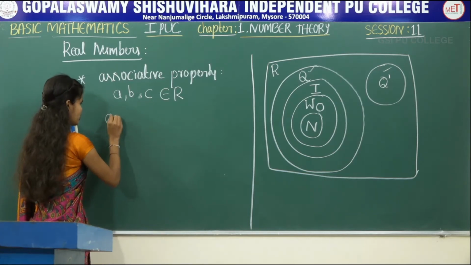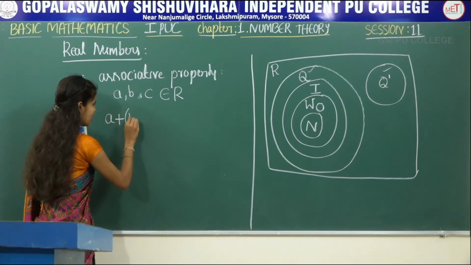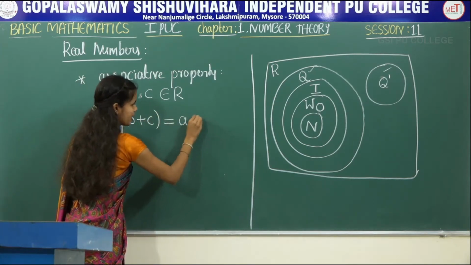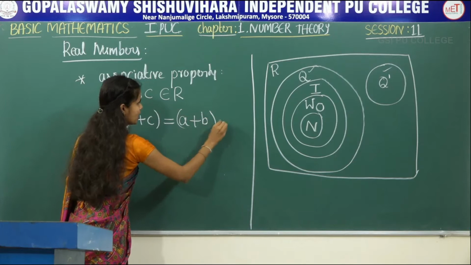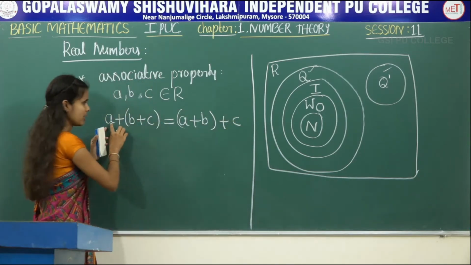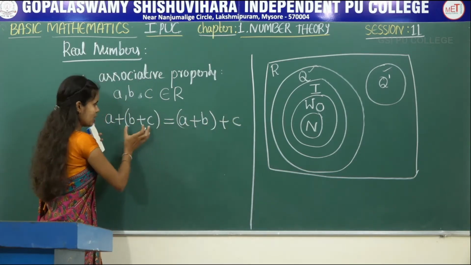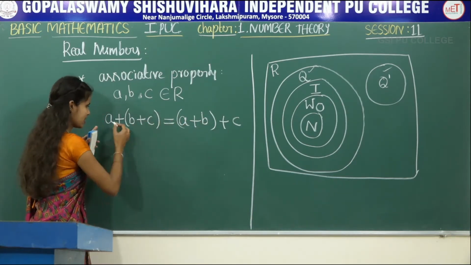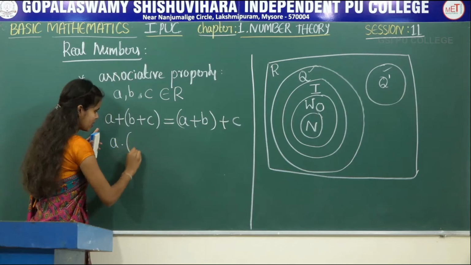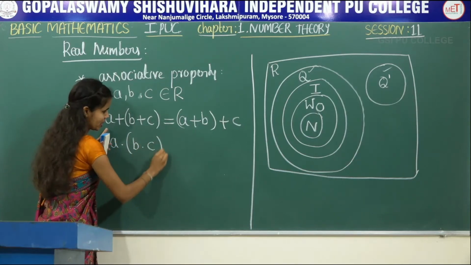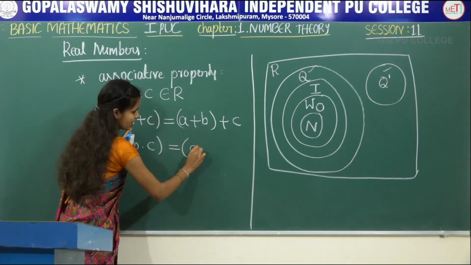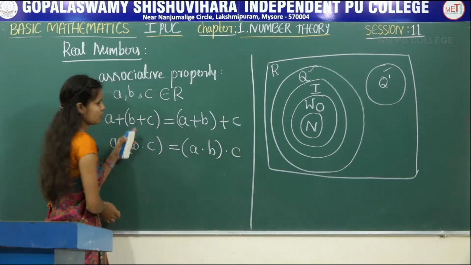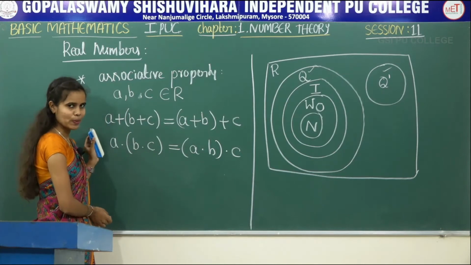Then the associative property means (a plus b) plus c is equal to a plus (b plus c). Here observe, in one we group the first two numbers, in the other we group the last two numbers. Next, under multiplication, (a into b) into c is equal to a into (b into c). These two are called the associative property.